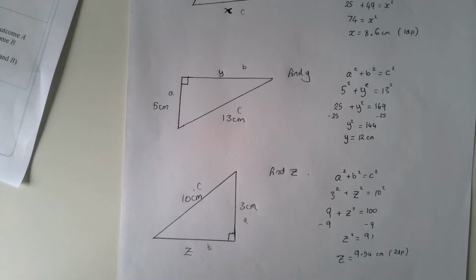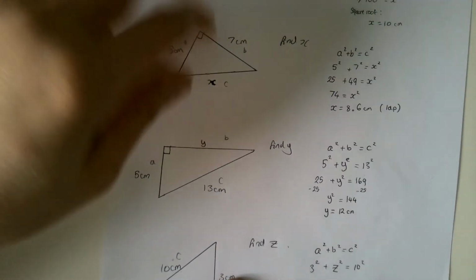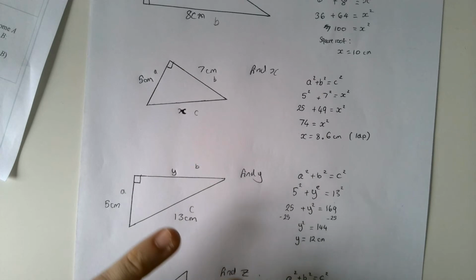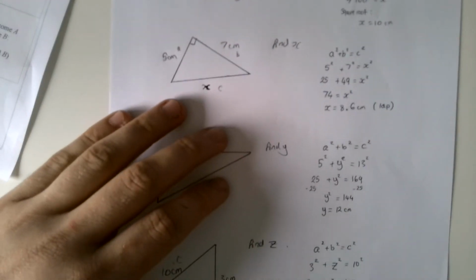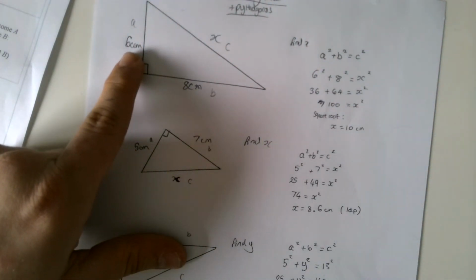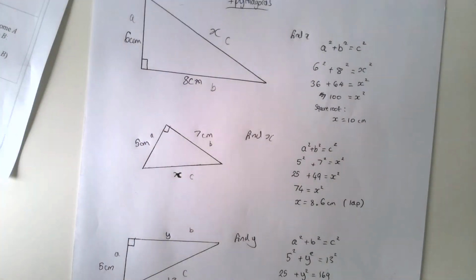So, one thing I do want to add before I go. The first question I did up here, and the third question, they are some very specific examples of Pythagoras' theorem. And they're ones that don't need a calculator. The reason they don't need a calculator is because if I square this, and add them together, it gives me a perfect square.